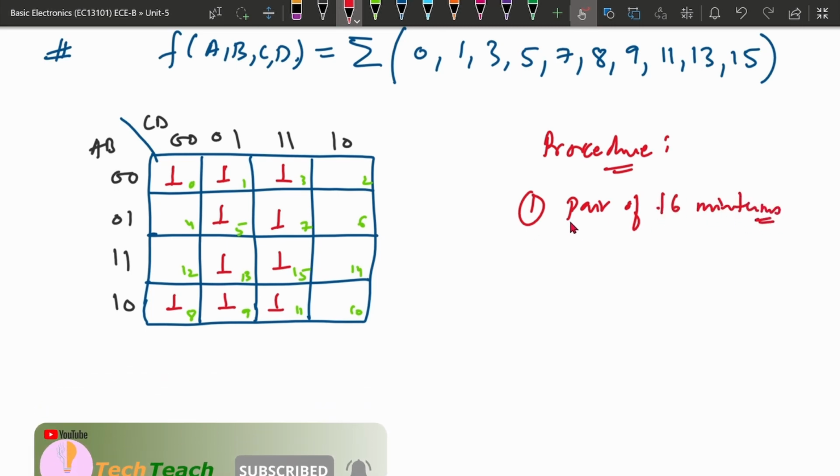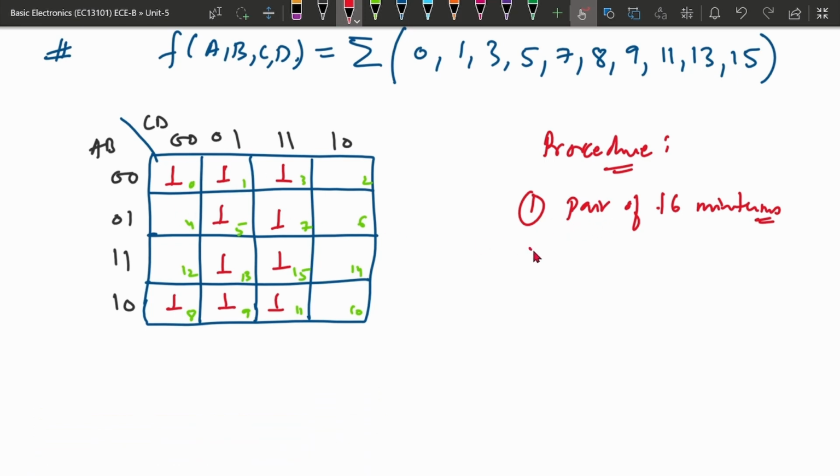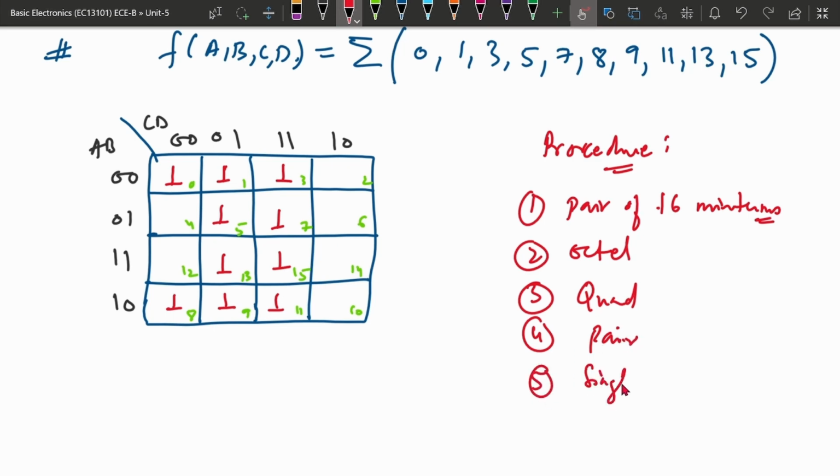So if we look for pairing of 16, then we will look for octet, then a quad, then for a pair, then for a singleton. And then we will be identifying and removing the redundant term.